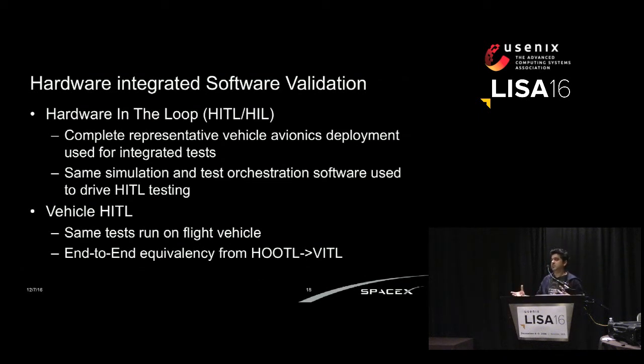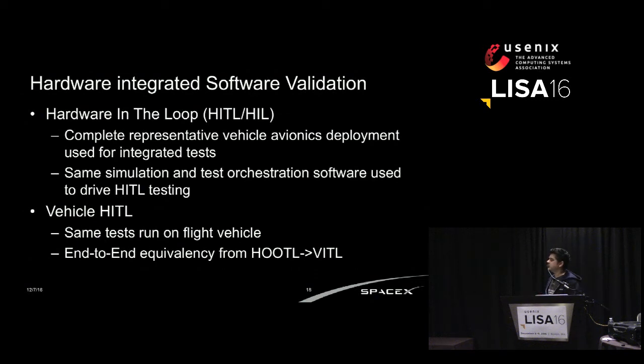So it again simulates the entire vehicle function, and we also use the same test orchestration system to inject faults. So we go from a software in the loop to a hardware in the loop test, and then we see things like process timings, process load, do we have memory bus contention, do we have network contention, things like that in the real world.